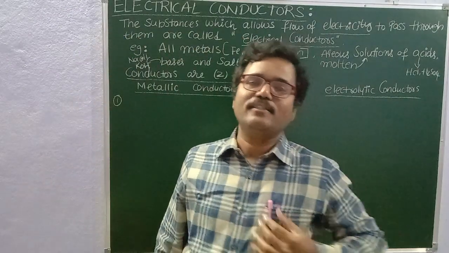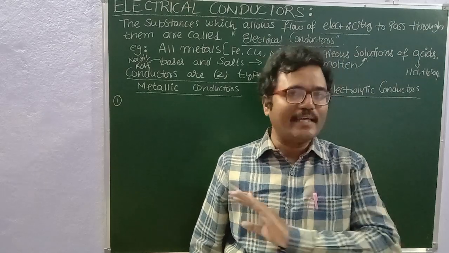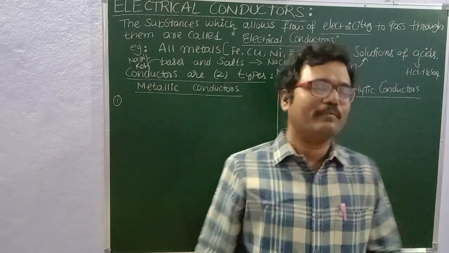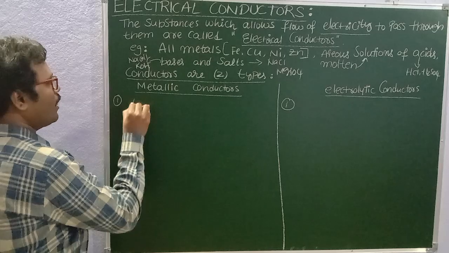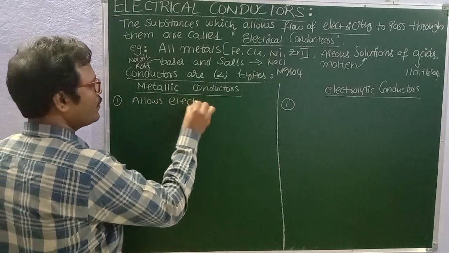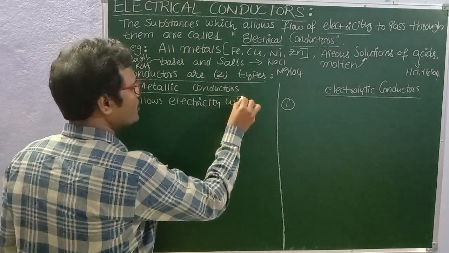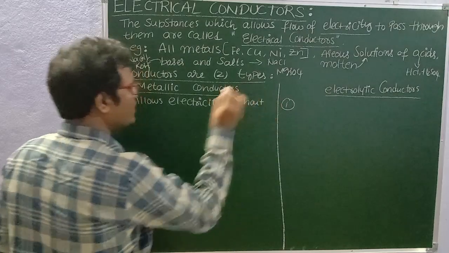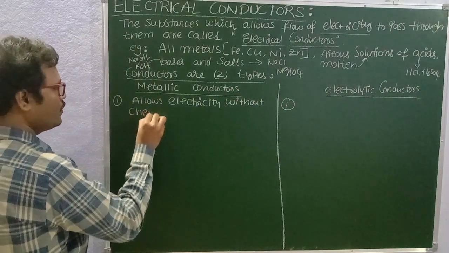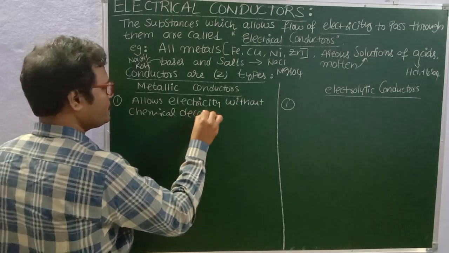During the passage of electricity, metallic conductors do not change. They remain very stable, right? Metallic conductors allow electricity without chemical decomposition.